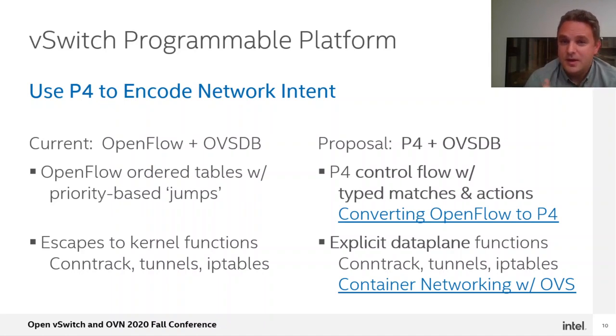So today with OVS, we have OpenFlow and OVS DB, and that works pretty well. But our proposal is to say, now that we have P4, we can have a more specific pipeline, and we can be really explicit about all of the different functions that are strung together to make that data plane.